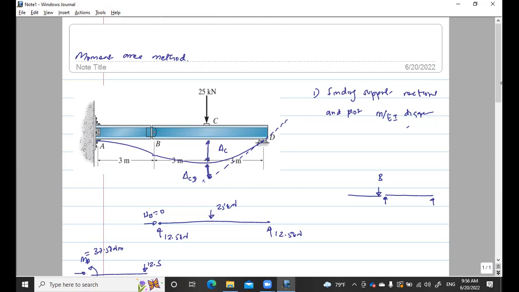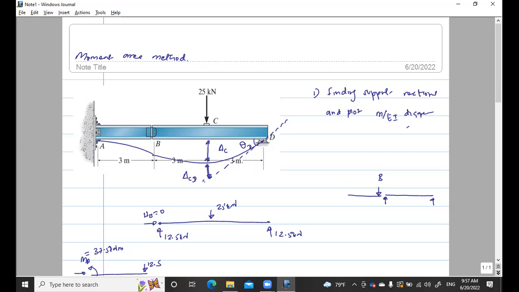For sure we can find delta B. Can we use delta B to find delta C? And also if you find this angle theta D, then you can find delta C, because tan theta D is equal to delta C plus delta CD over 3.